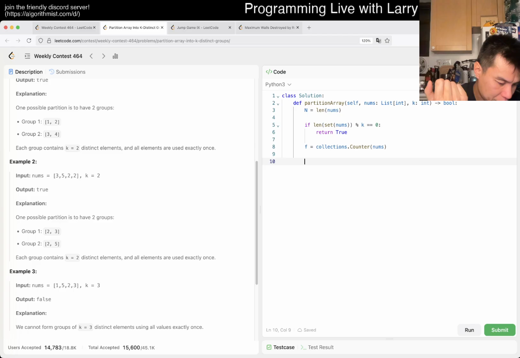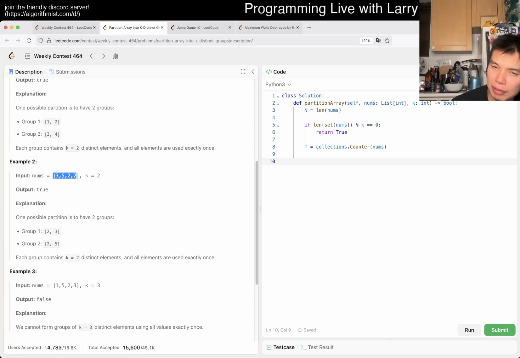Is there a pigeonhole? Maybe there is a pigeonhole, because we want K distinct. What does K distinct mean? It's probably a pigeonhole, because if we have enough 2's, then we can always do it. For example, if K equals 2, then we have enough 2's, but if K is equal to 3, what does that mean?